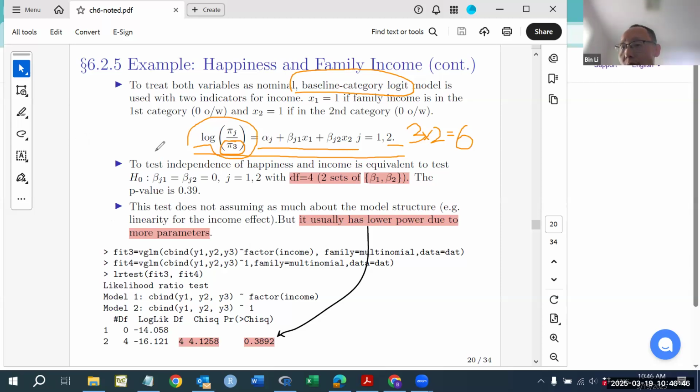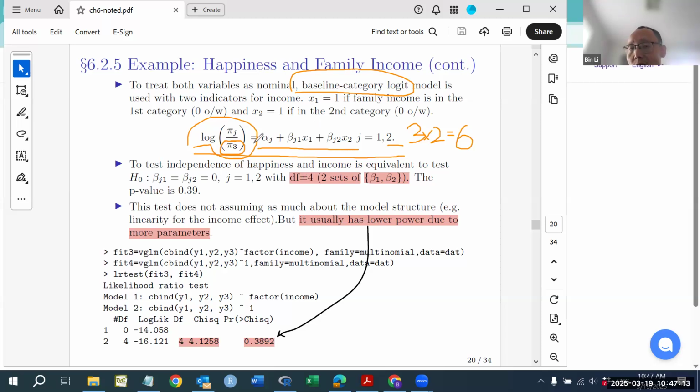For the proportional odds model, we have 2 alphas, and for the betas we only have 1 beta because we treat it as ordinal.